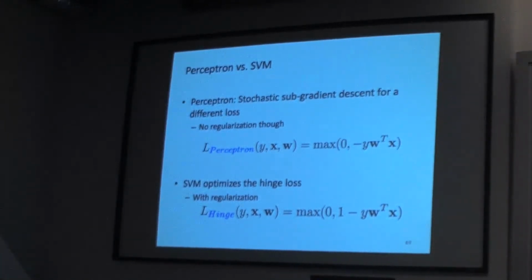Another difference is that for SVM we have an extra regularization term, which is half w transpose w. It encourages large margin classifiers. And as we discussed before, this regularization term penalizes complicated hypotheses. You want to restrict your search space to a smaller subset of linear classifiers to reduce the VC dimension and the generalization error bound.